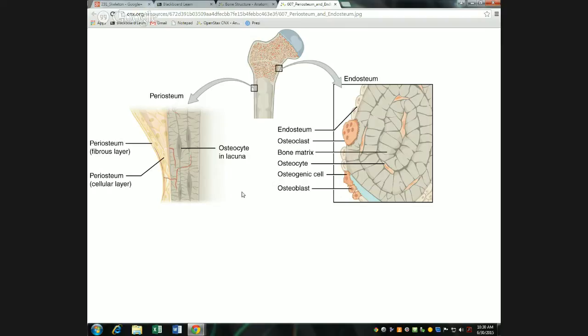The first type is called an osteogenic cell, which actually is not the most common name for it, but it's sort of the stem cell for bone cells. It gives rise to other bone cells. It's the progenitor of bone, which is where osteogenic comes from.